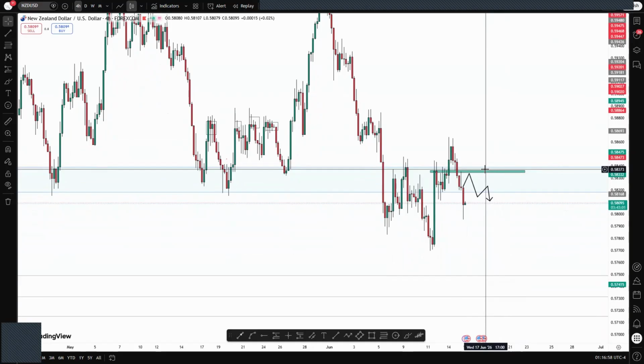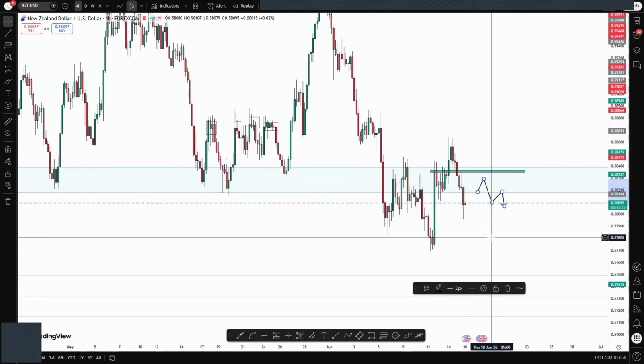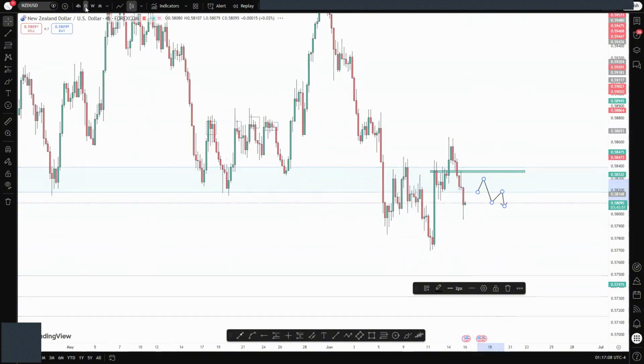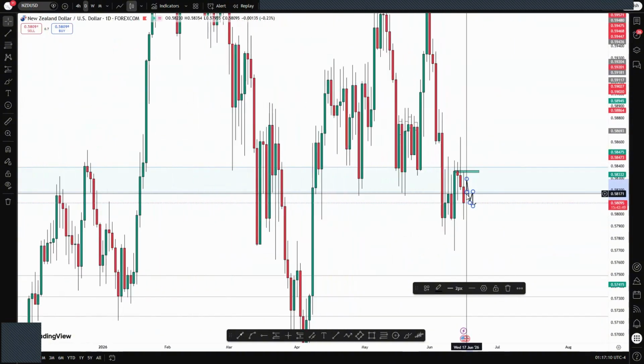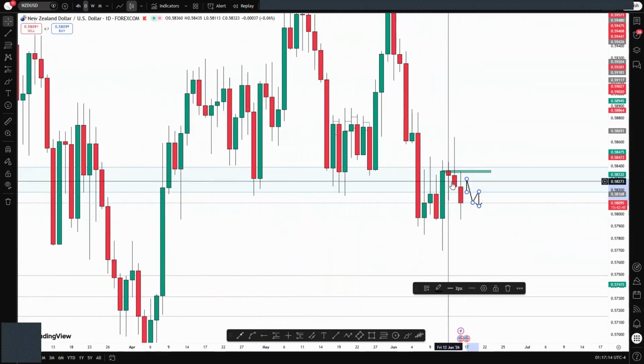Okay. This is what happened in NZD USD. Price closed with a pin bar as we expected.